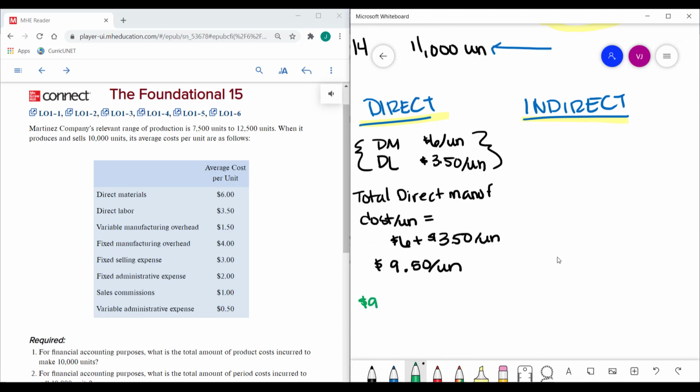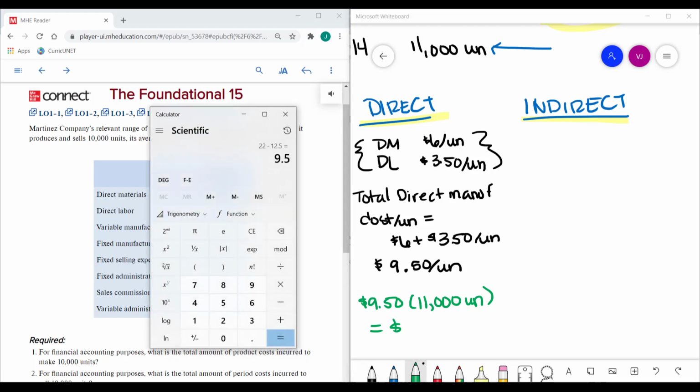So we'll take that $9.50 of direct materials and direct labor cost, which is my direct manufacturing cost, and multiply it by 11,000 units to see what that cost comes out to. So we'll do 6 plus 3.50 times 11,000. That gives us $104,500 of direct manufacturing cost. So that's the direct manufacturing cost incurred to produce 11,000 units.